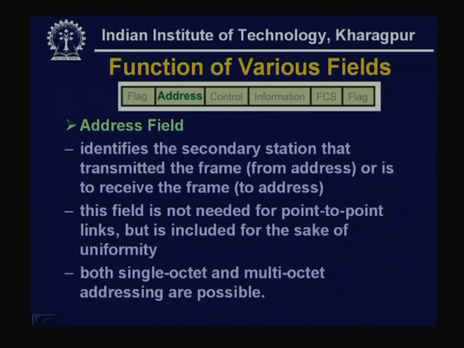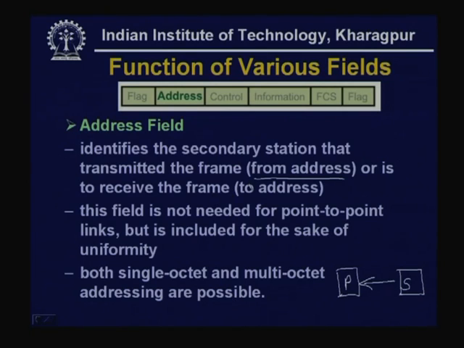This address field identifies the secondary station that transmitted the frame. That means, whenever a secondary station sends a frame, it gives its own address, that is known as the from address. That means, whenever it is going from a secondary to a primary, then it is called the from address, where it is coming from.